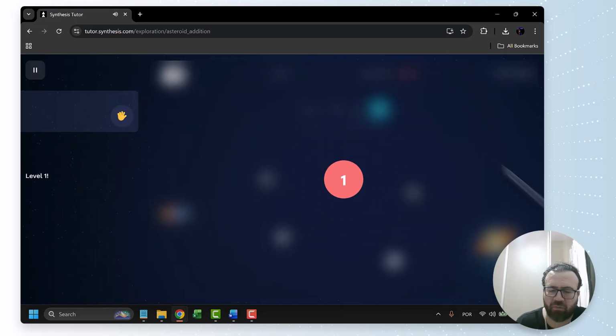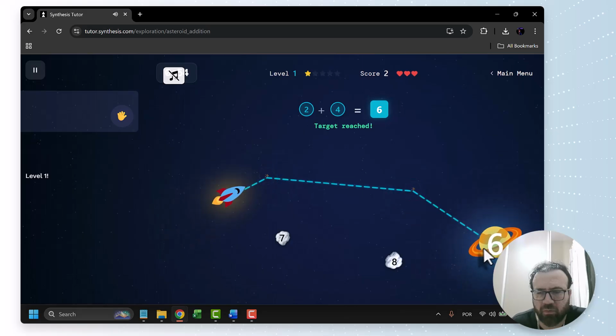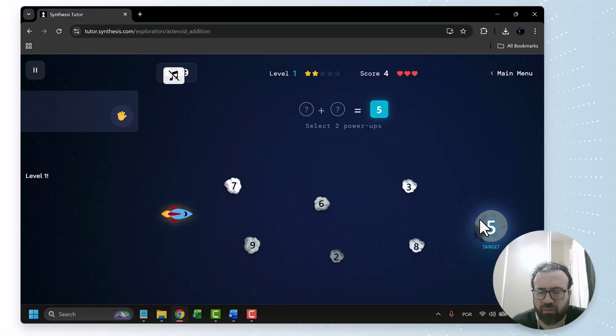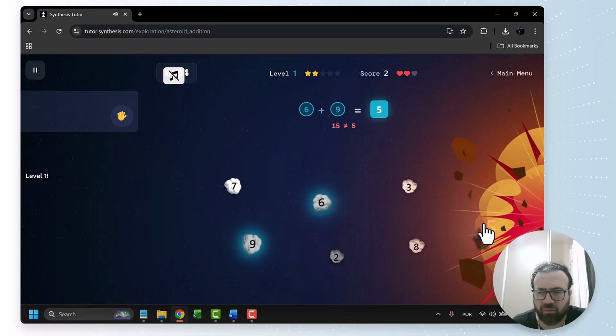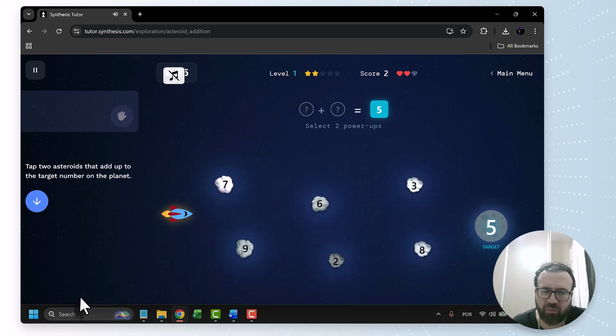Level 1. Tap 2 asteroids that add up to the target number on the planet.